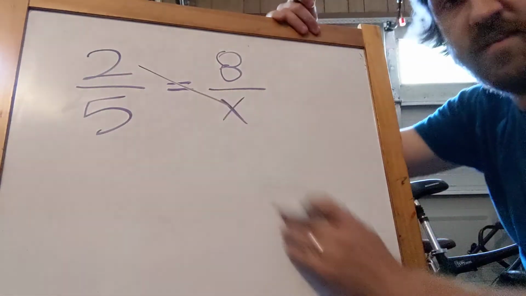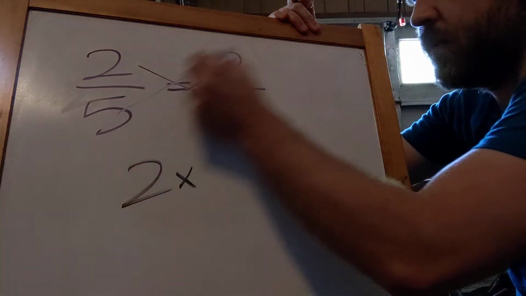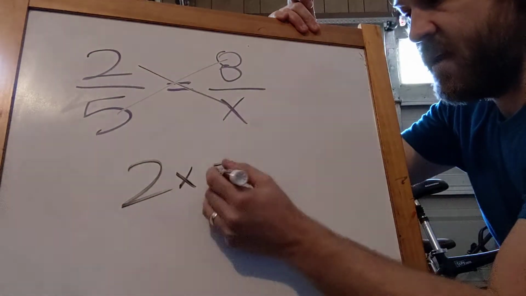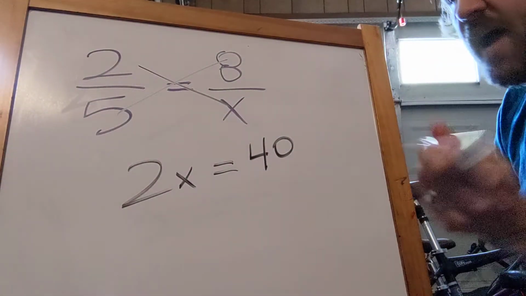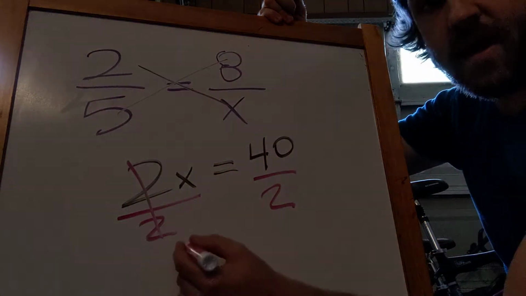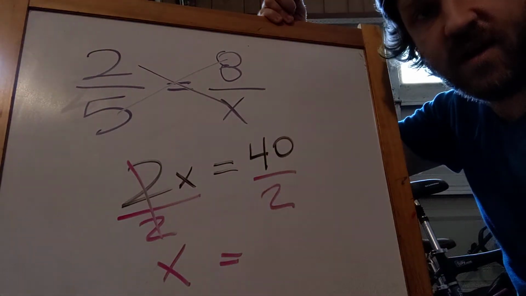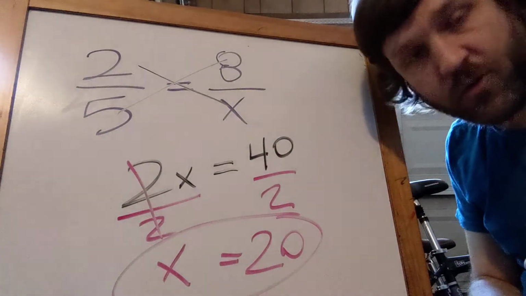I'm going to multiply these two numbers, 2 times x is 2x. Multiply these numbers, 5 times 8 is 40. Then I'm going to divide by 2 on both sides. And x equals 40 divided by 2, which is 20.